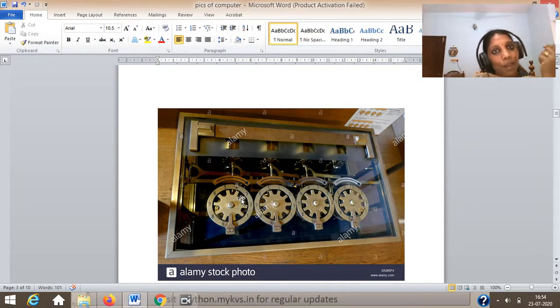But one thing you have to keep in mind is that your computer never had the option of storing anything until the stored program concept came, which was invented by somebody called von Neumann.